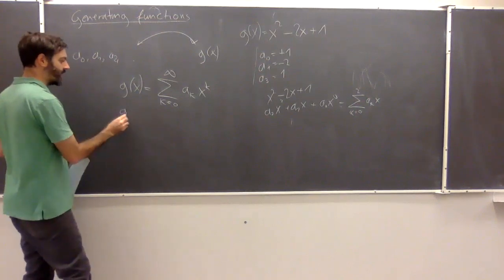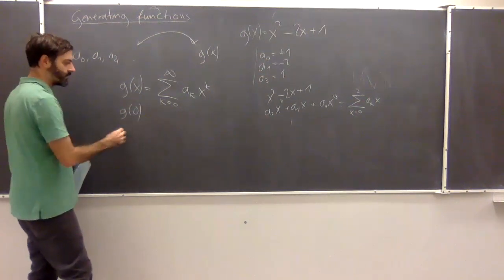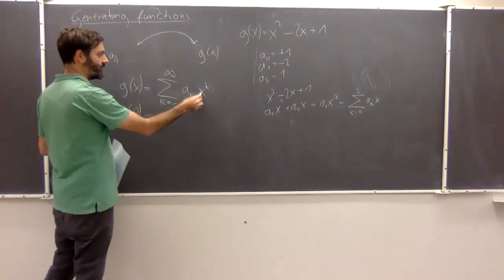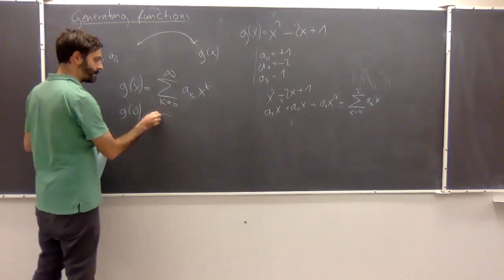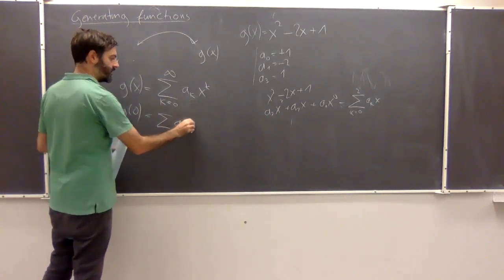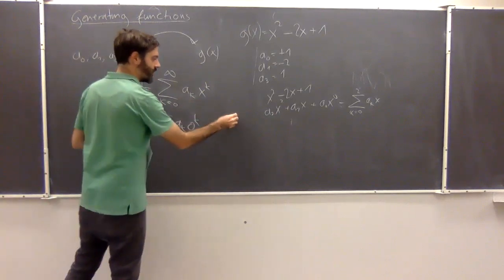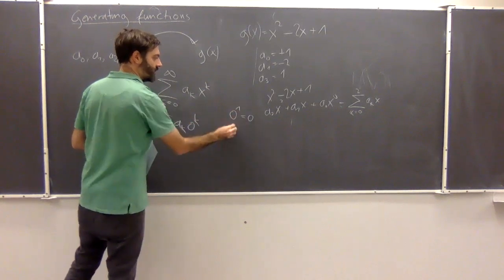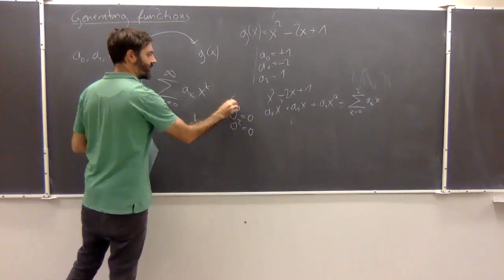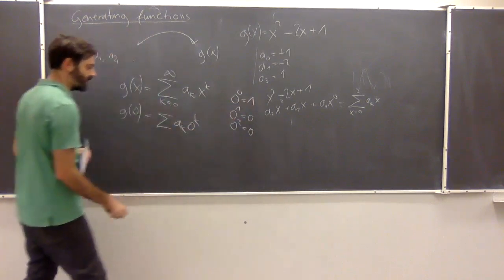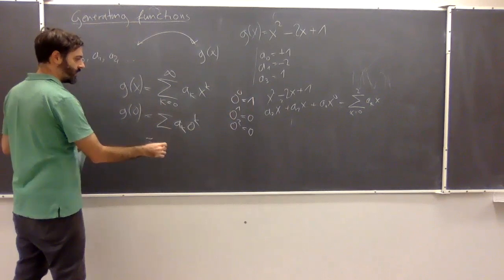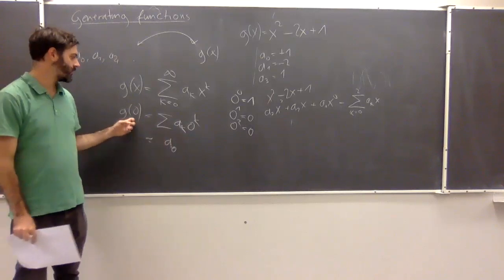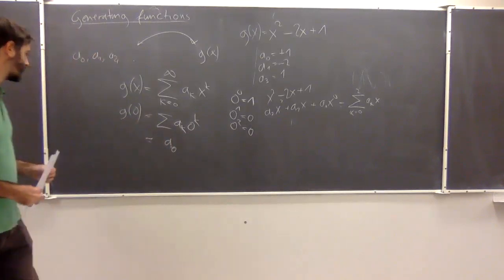For example, if you plug in 0 into this function, you get the sum of a_k times 0 to the power k. 0 to the power 1 is 0, 0 to the power 2 is also 0, but 0 to the power 0 is usually set to 1. That means this is equal to a0. So I get information about the sequence from the function by plugging in the right value.